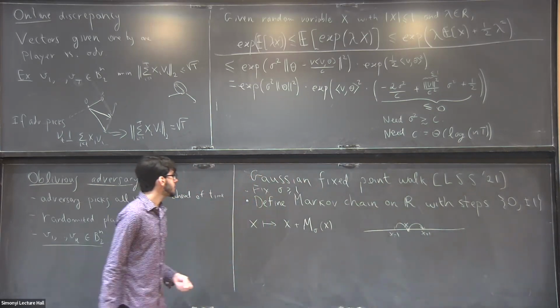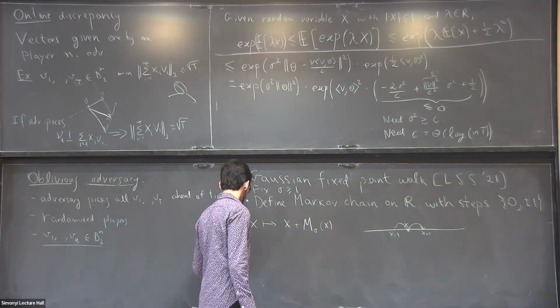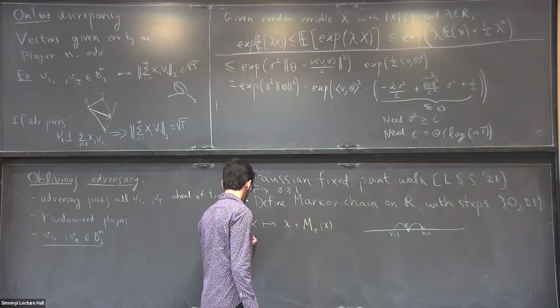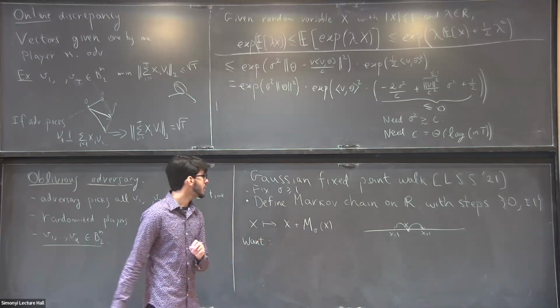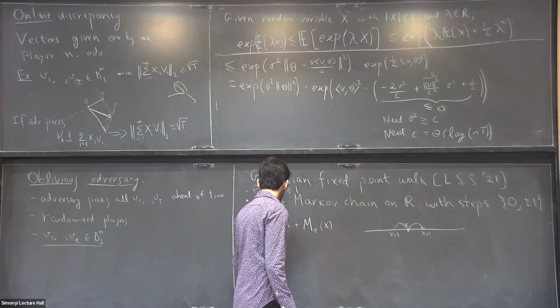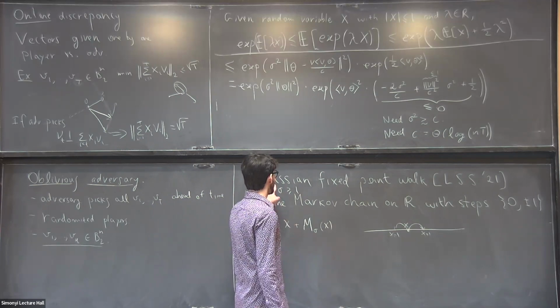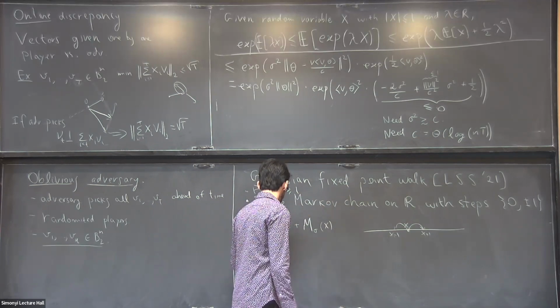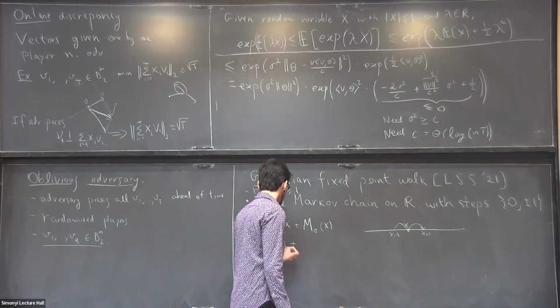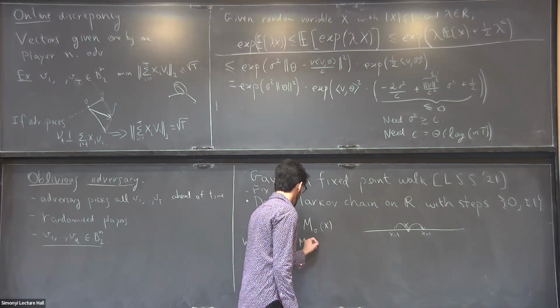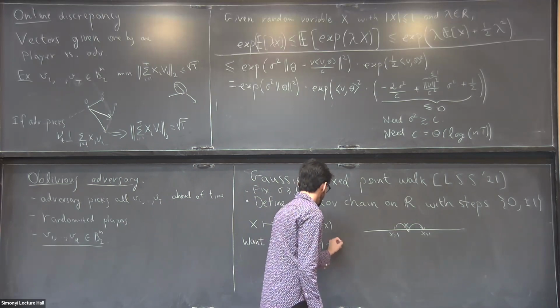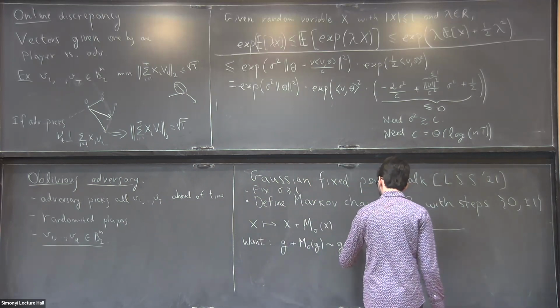And they construct it so that two properties hold. The most important one is that it is a Gaussian fixed point. Meaning that if I have some Gaussian distributed random variable and I take a step, it's still distributed as a Gaussian.